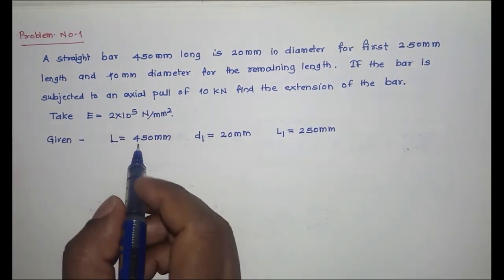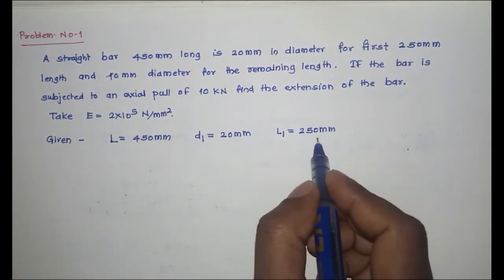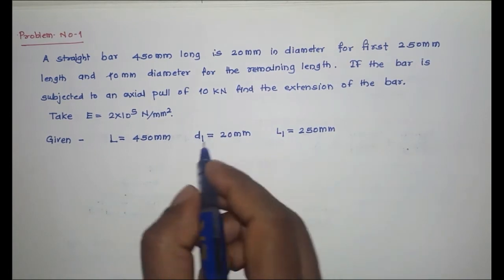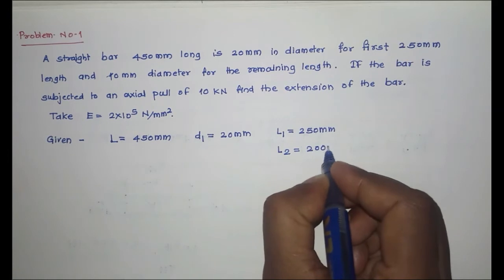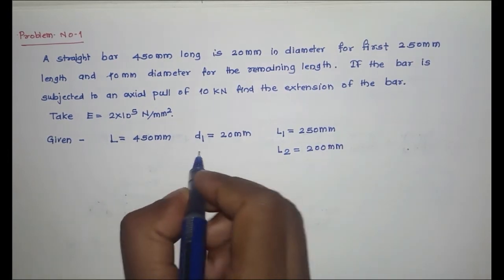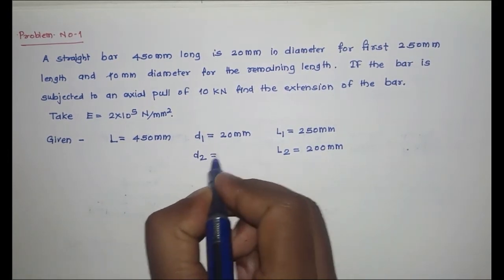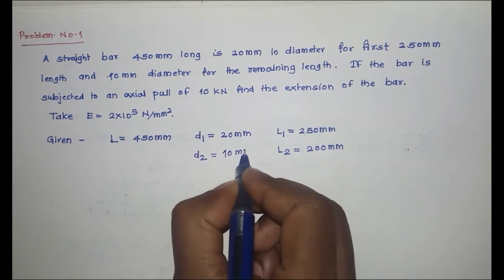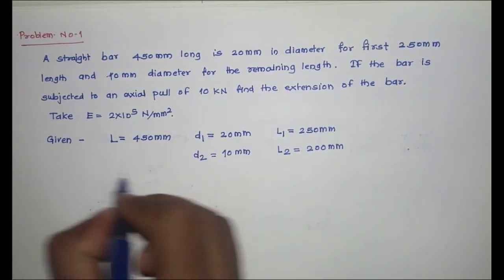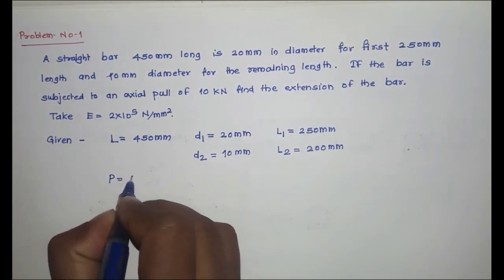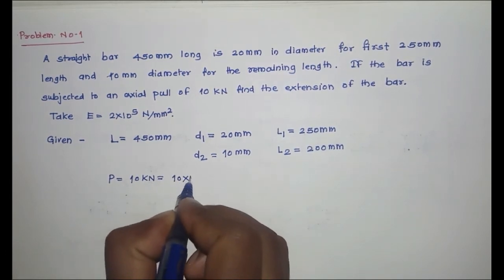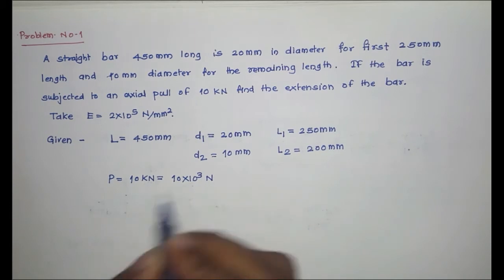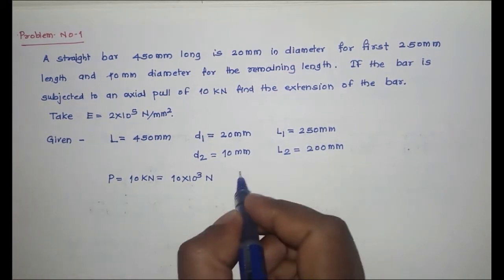For the remaining part, out of 450 the first part is 250, so the remaining is 200. So L2 is 200 millimeter and the diameter for that part is 10 millimeter. And we have an axial pull of 10 kilonewton, which equals 10 into 10 to the power 3 Newton. Find the extension of the bar.